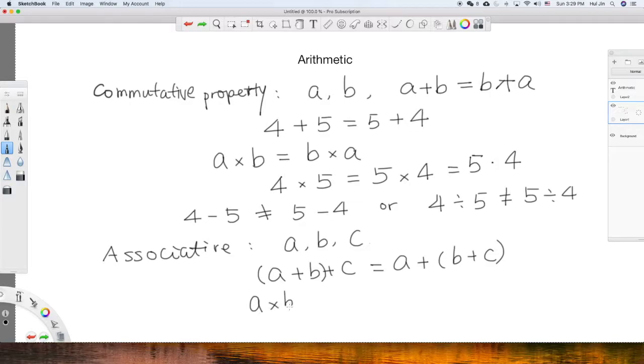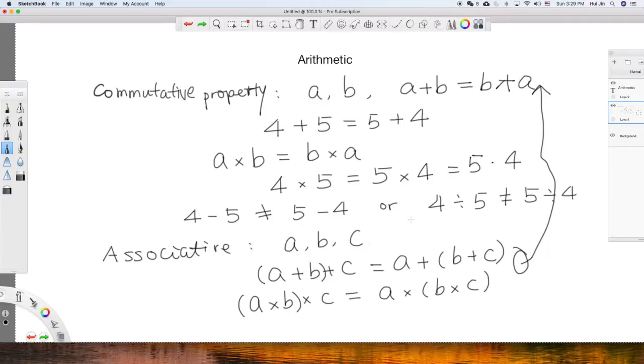a times b times c. If we do a times b first, this is the same as doing b times c first. So the fact of this is you can do the multiplication if they are neighboring, in any order as you want. And of course we can combine the associative property together with the commutative property, and then you basically see that the order of doing all those additions or multiplications does not really matter here.